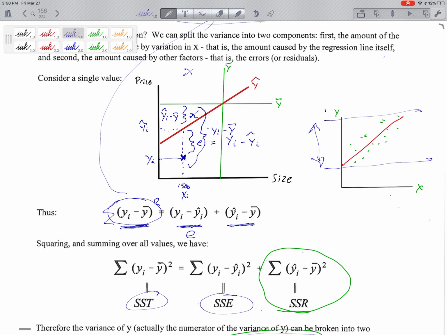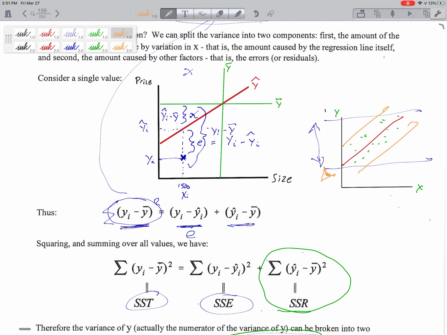Let me give you a goofy way of thinking of this. If I was to put my eyeball down here, let's draw an eyeball, put in some eyelashes, there we go. If I looked along that line, that flattens it out so that you don't see the rise. What you would see then is a variation around the regression line, which is your SSE.